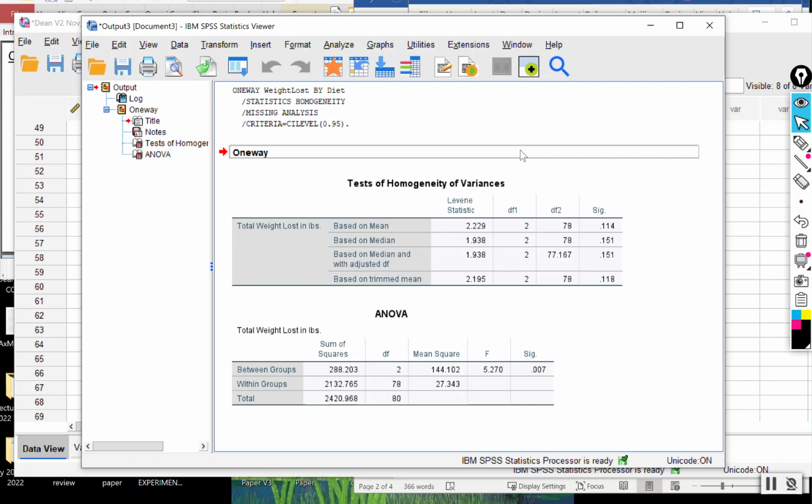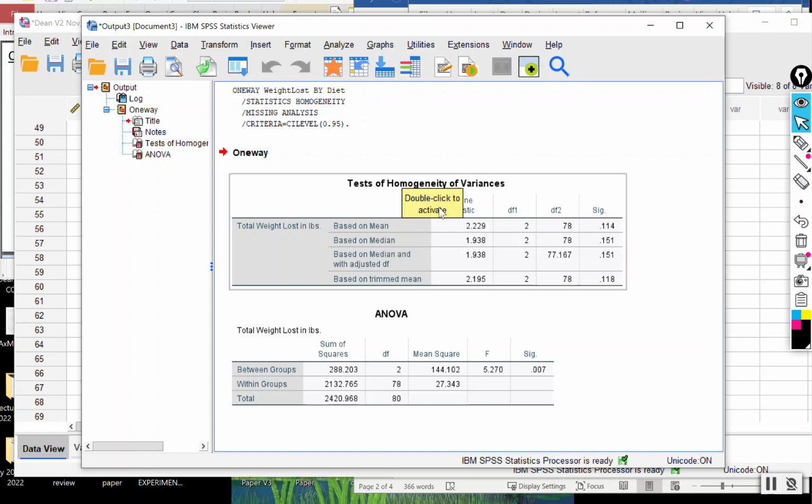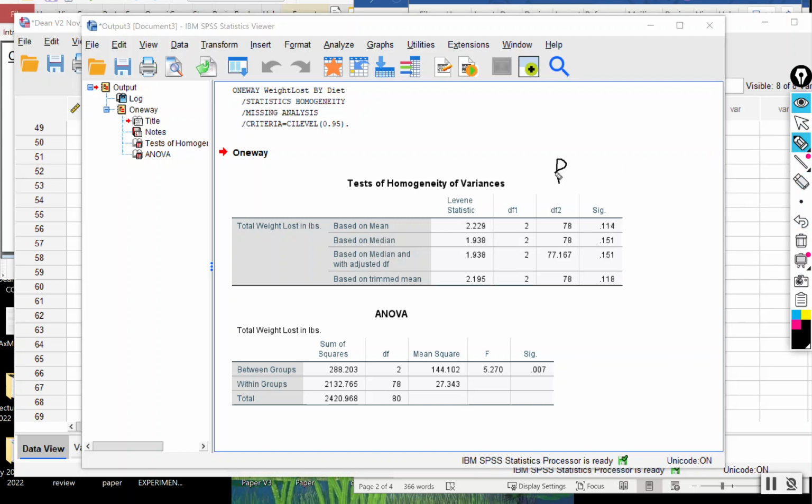The homogeneity of variance is going to be the Levene's test. As we see here, we want a p-value that is not statistically significant. What I mean by that is a p-value greater than 0.05, so the p-value has to be greater than or equal to 0.05.